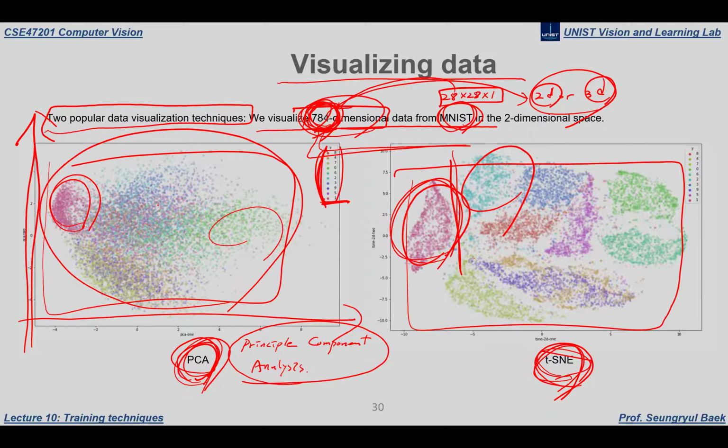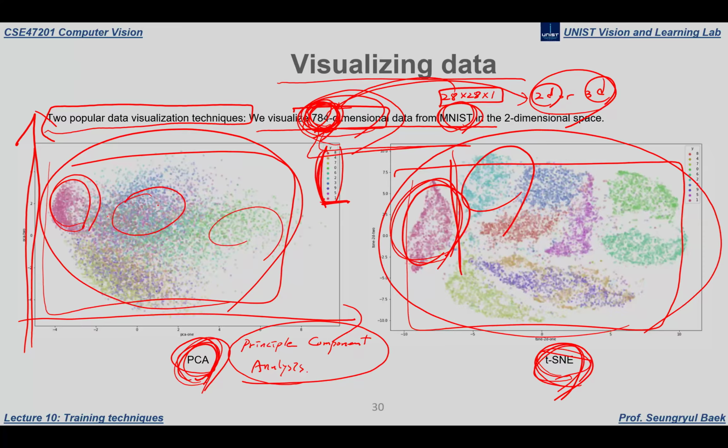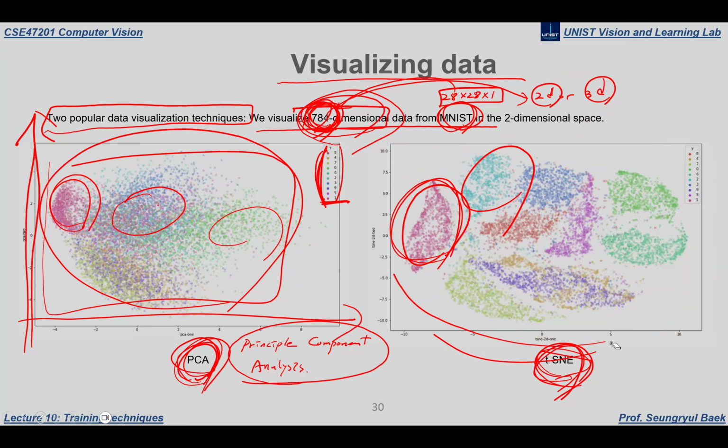But for some other features, if you draw the figures like this, they could be mixed together, and you can feel that this feature is not that suitable for discriminating different classes. Also, you can see whether the training data cover the space.